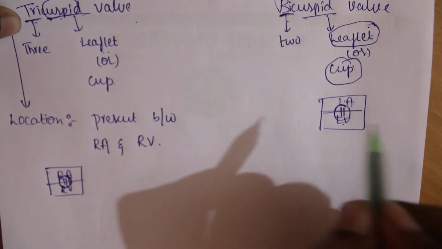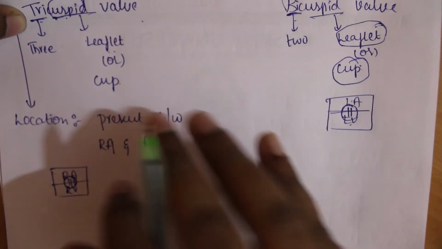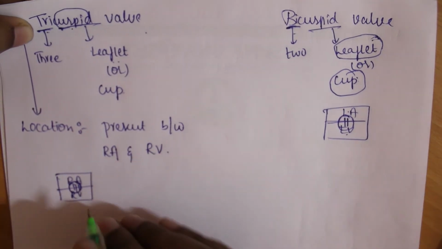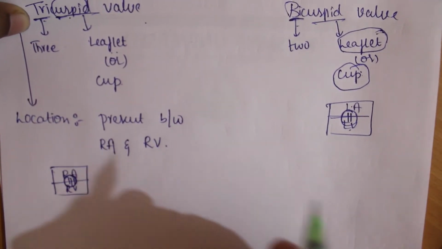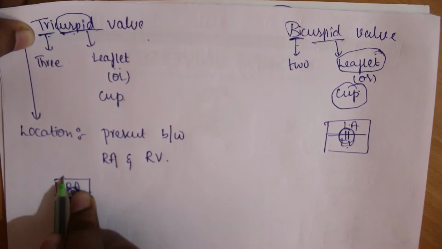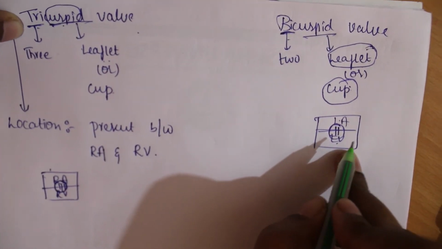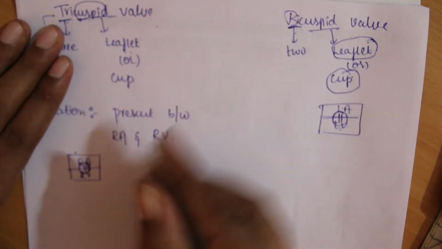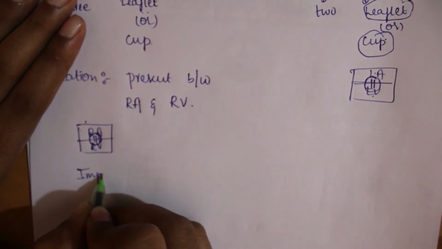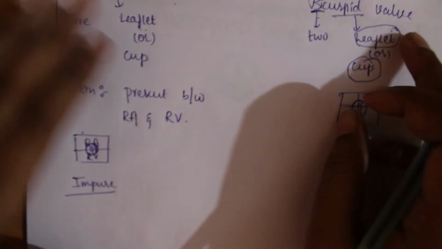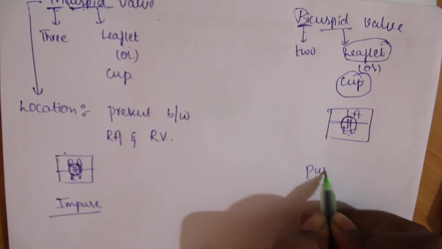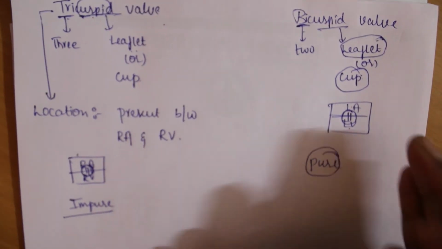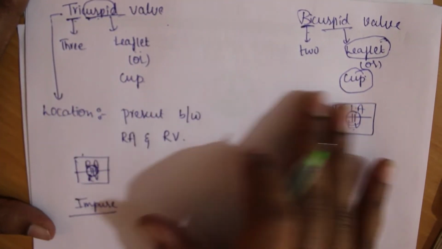Here also the function of the valves is the same: both are present between the chambers to separate the impure and the oxygenated blood. The main difference is that in the tricuspid valve only impure blood collects, and in the bicuspid valve only pure or oxygenated blood is collected on the left side of the chambers.